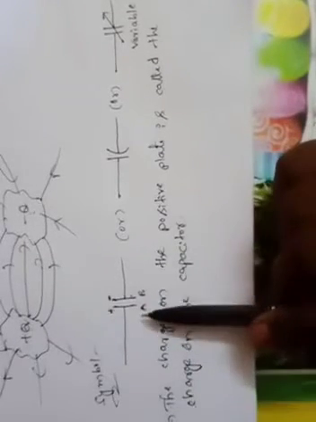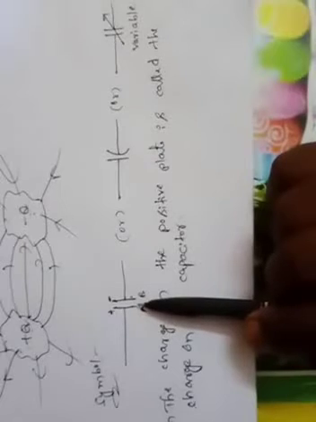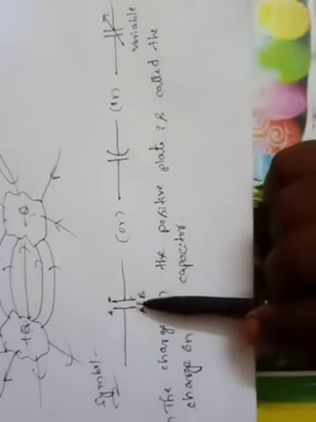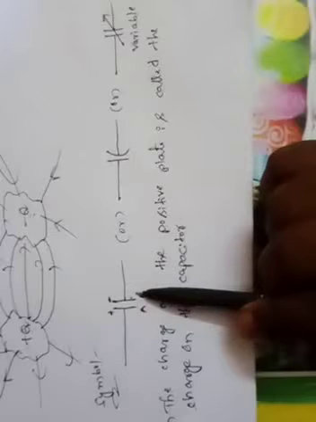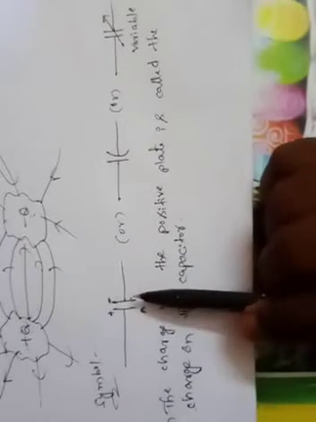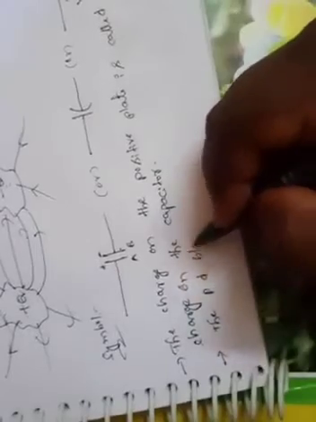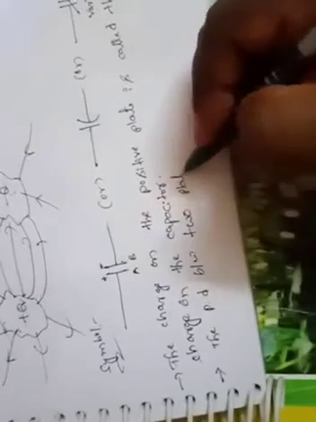Suppose we need to calculate the potential difference between the two plates. The potential difference between the two plates of a capacitor is known as the potential of the capacitor. This is also important while calculating numericals. What is the potential on the capacitor? We have to calculate the potential difference between the two plates of a capacitor.